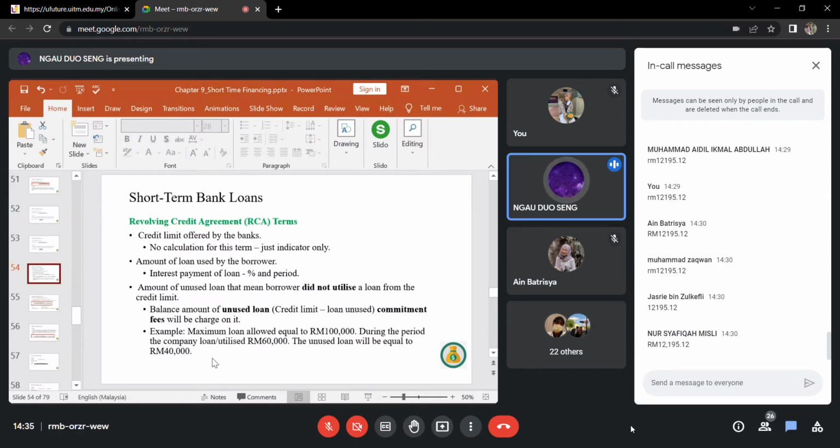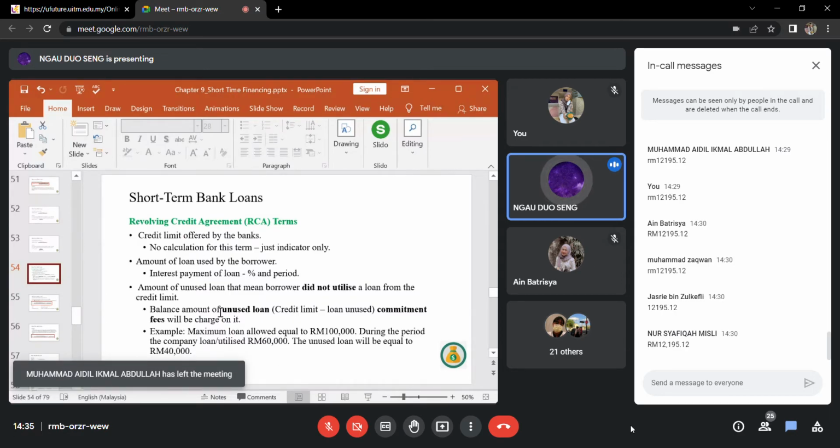Fees itu yuran, kita panggil commitment fees. Sebab bank sudah menyediakan 100,000 untuk syarikat guna. So bank tak boleh invest, tak boleh labur the 100,000. Dia kena simpan dalam bank.